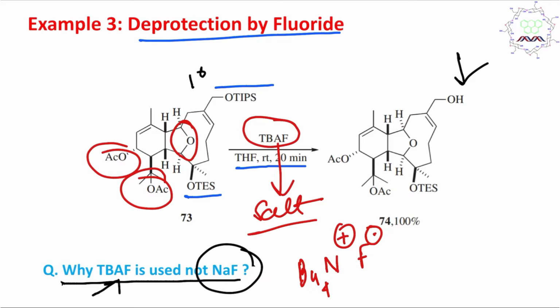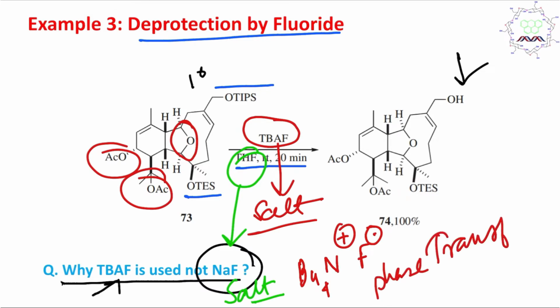Because sodium fluoride is purely a salt, and the reaction medium is THF, an organic solvent. So NaF will not be soluble in THF. But TBAF is a phase transfer catalyst, PTC, which means it is soluble in both organic and aqueous solvent.